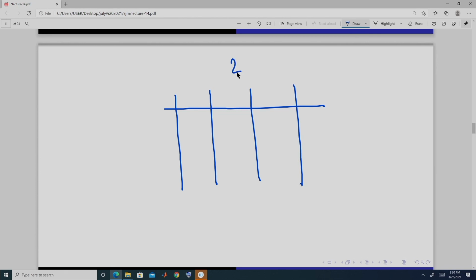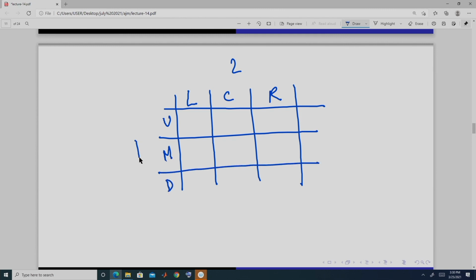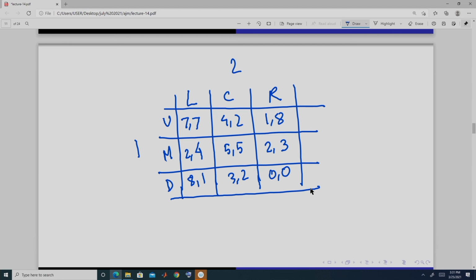So there is player 2 and its actions are L, C and R. Player 1, his actions are U, M and D. Okay. Now we have to find the Nash equilibrium.